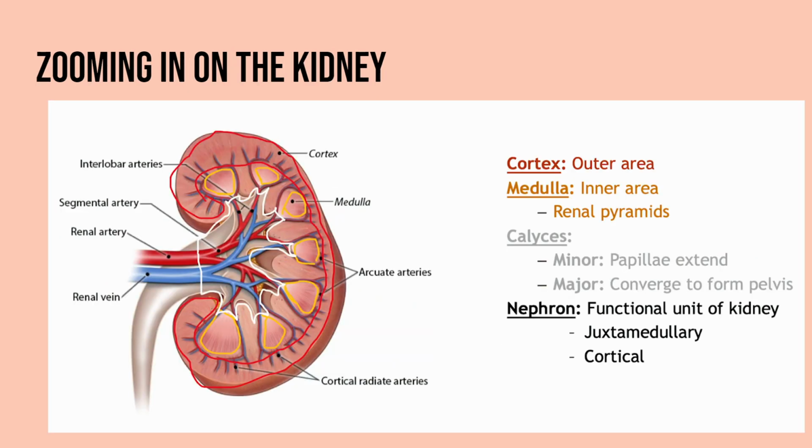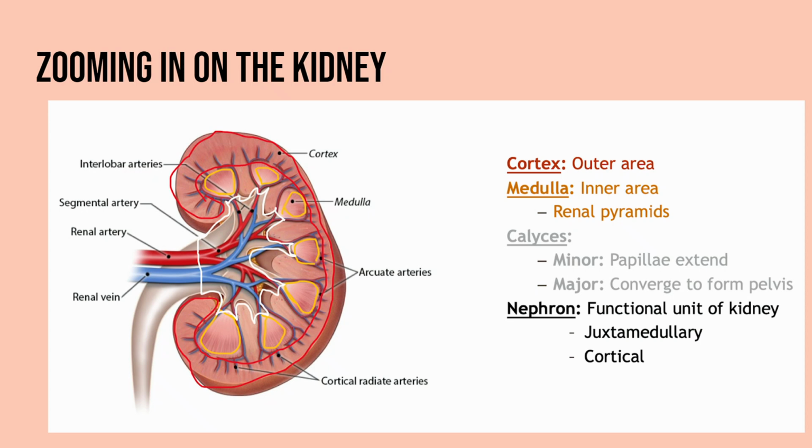Then zooming in on the kidney, there's the cortex, which is the outer layer, then the medulla, which is the inner area, and this contains the renal pyramids. And then you've got those calyces with the minor and major regions.